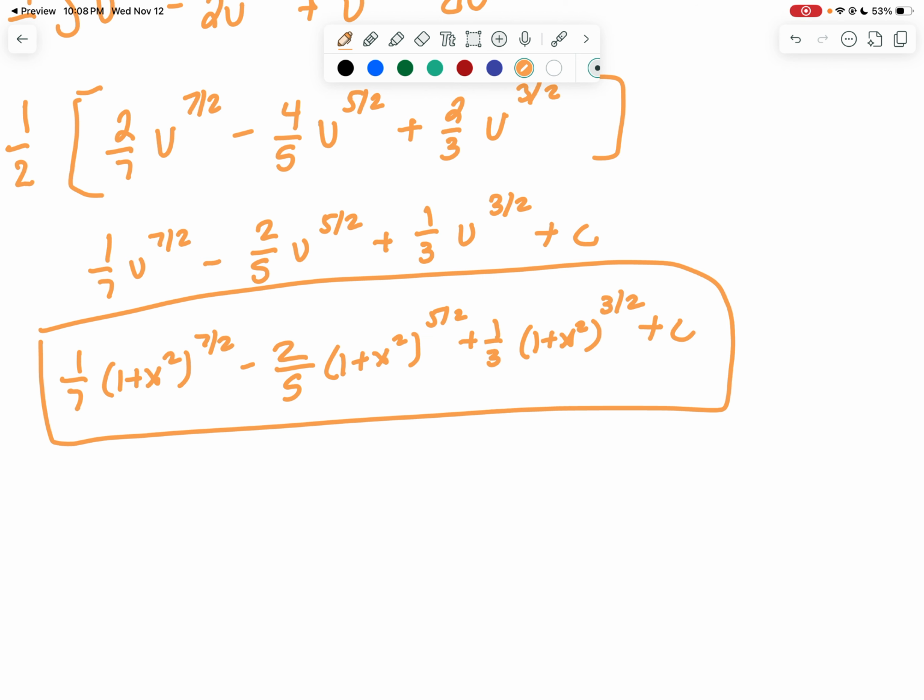Let me check if this is correct or not. It looks right. 1/3 minus 2/5, 1/7. Yeah, it's right. So you're good right there.